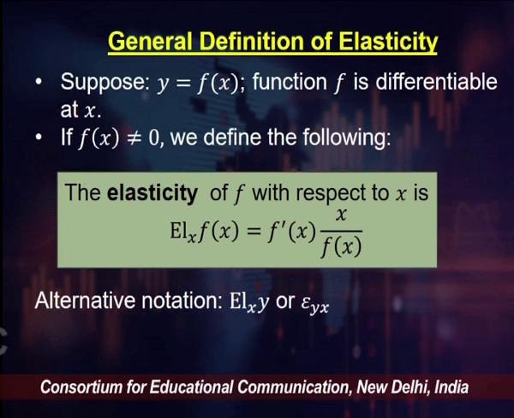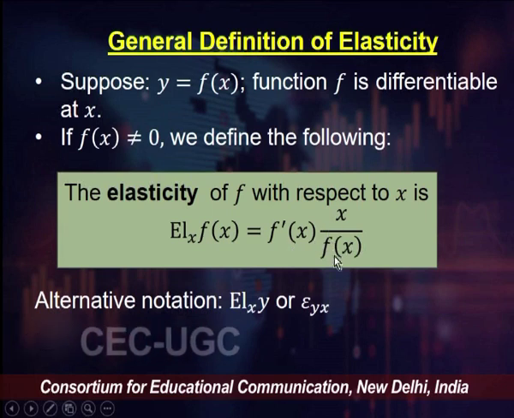So in that sense, it's easy to work with a definition where the function f is differentiable at x. Now, if f of x is not equal to 0, we then define the following, which is the elasticity of f with respect to x, and that is given by f prime of x times x divided by f of x.